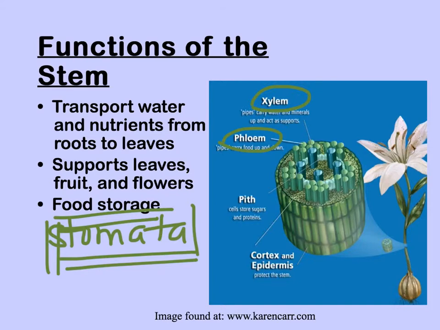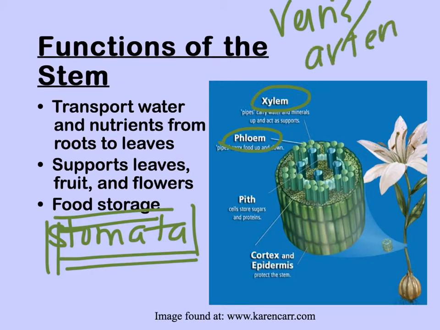So xylem and phloem, like I said, the xylem and phloem are the vascular system. If any of you remember when we talked about the vascular system in our own bodies, we were talking about veins and arteries. That is how we got nutrients around our body. Well, that's the same way as the xylem and the phloem.